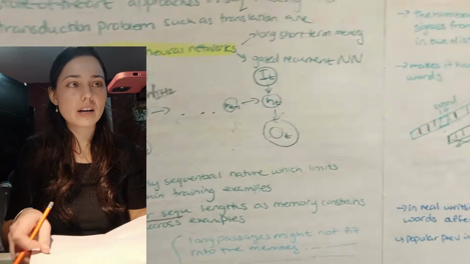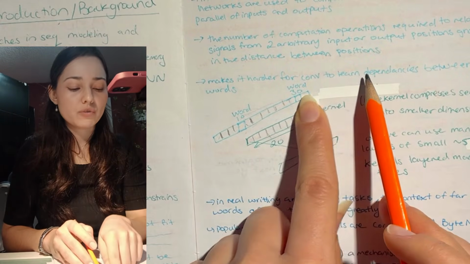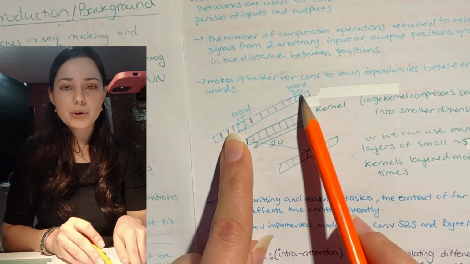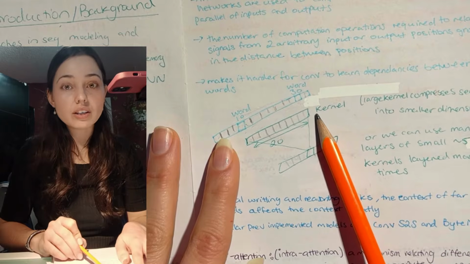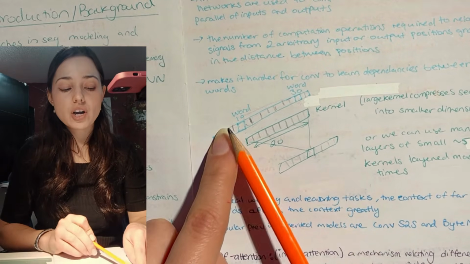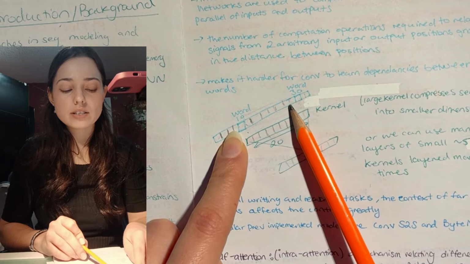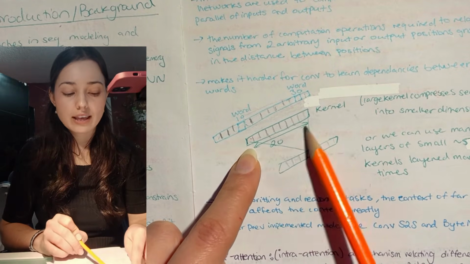And same with convolution. Say we have a bunch of words, and we have word 10 and word 30. How are word 10 and word 30 going to interact? Well, you could have a really large kernel, which convolves them, but then it's finding a weighted average across 20 different words, because the length is 20.